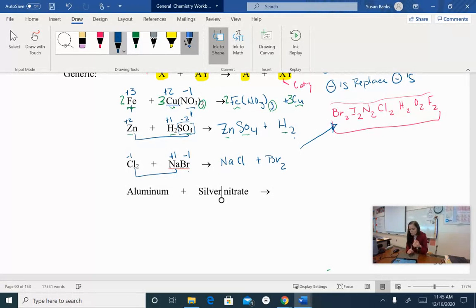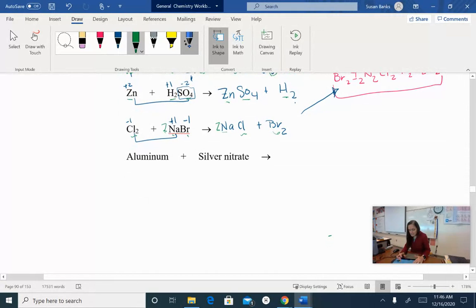Bromine is one of our diatomic or our Brinkelhoff gases. Okay, now I get to go and balance this. Okay, I've got 2 chlorines, and here I've got 1. So I need to multiply this by 2. I've got 1 sodium, and I've got 2 sodiums, so I need to multiply this by 2, and 2 bromines with 2 bromines. Okay, I'm good.